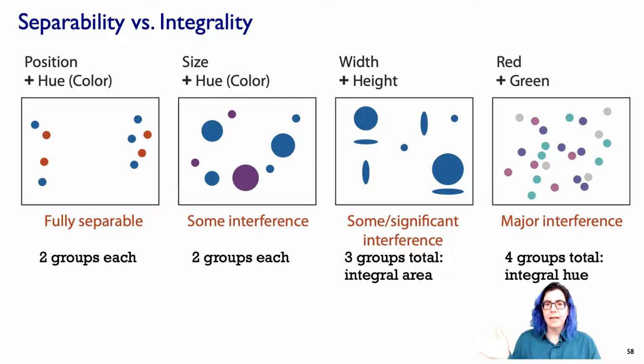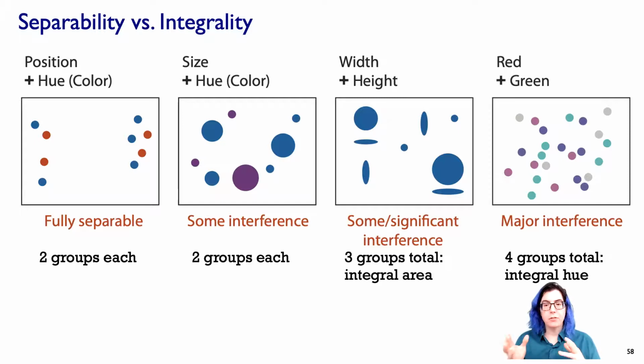And then in this final case, over on the right side, we've got something terrible. I've actually encoded exactly a low and a high amount of red and a low and a high amount of green. However, that's not what you see. You see four different possible colors because your visual system automatically integrates those things together into a perception of color in a way that you can't really undo.